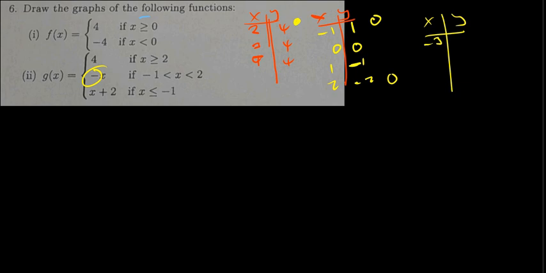Should I start from -3? Yes. -2, -1. But at that point it is included. So now I'll start. If I put -1 where there is x, -1 plus 2 is 1. If I put -2 where there is x, it's going to give me 0. If I put -3, it's going to give me -1.